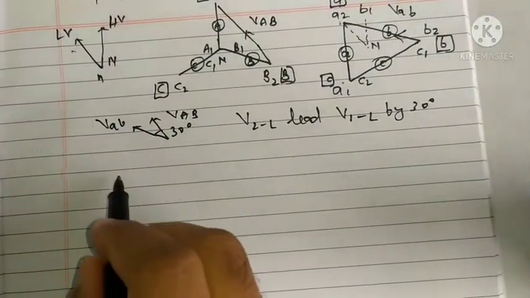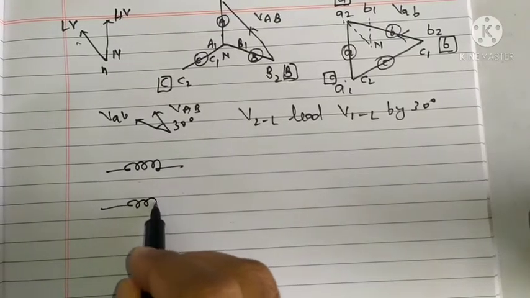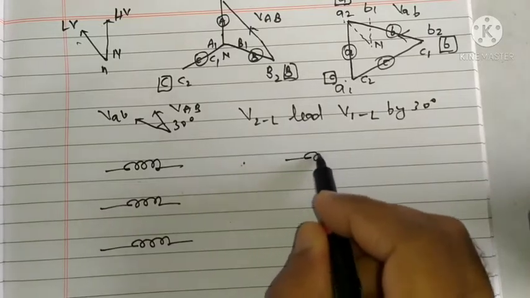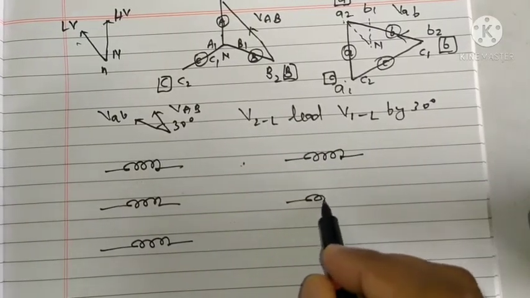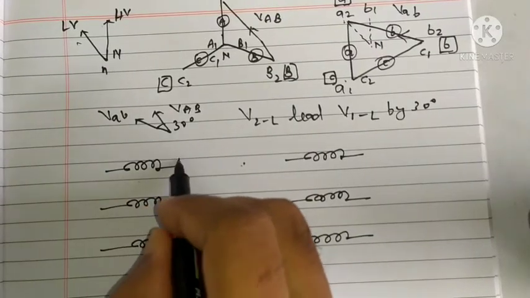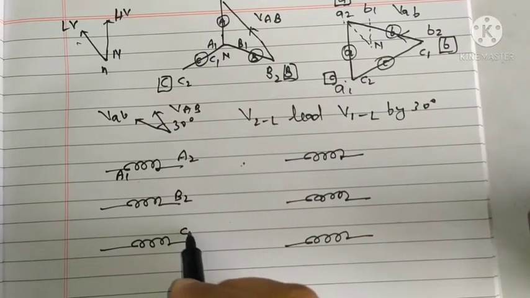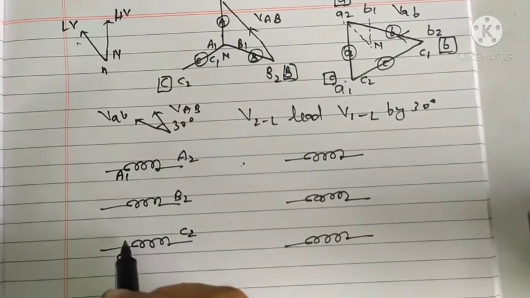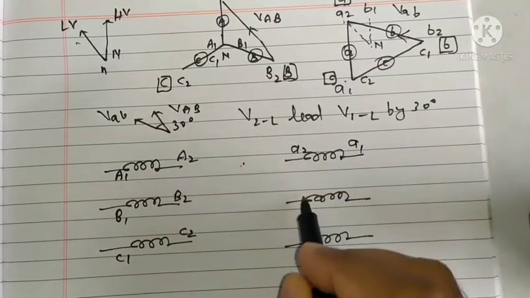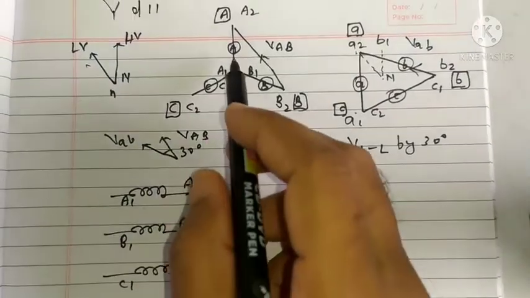And the winding diagram will be A2 A1, B2, C2, C1, B1, A2 A1, B2 B1, C2 C1.